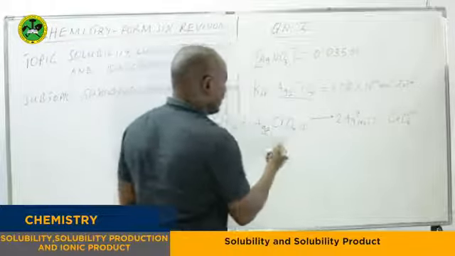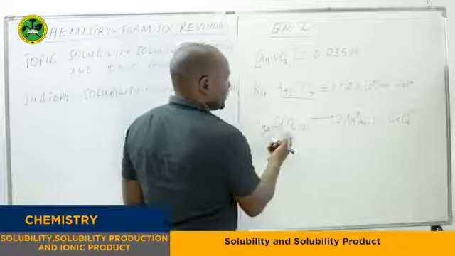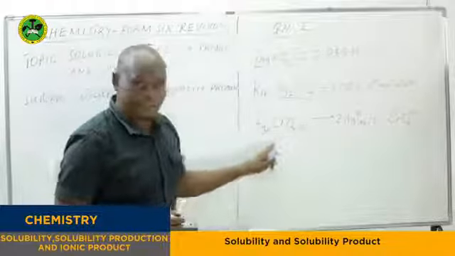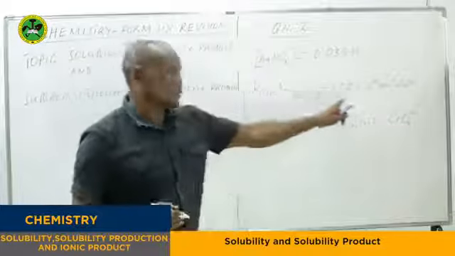And now to balance, it is balanced. Here we have 2 and there we have 2. So the Ksp of this reaction equation is this one.